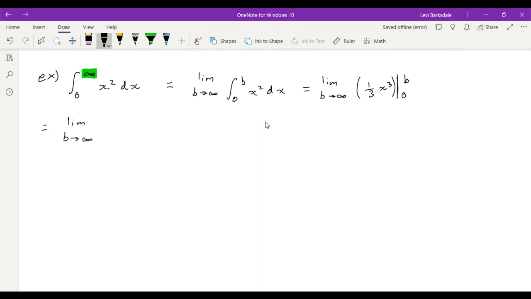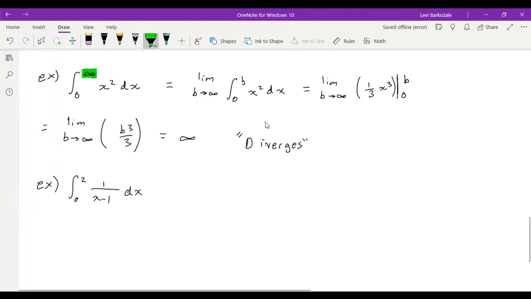Another quick example. Let's say we had the integral from 0 to 2 of 1 over x minus 1. Well, in this case, our problem isn't necessarily either of our limits of integration, since those are both real numbers. In this graph, you'll notice there's actually a vertical asymptote where x is equal to 1. So we actually need to split this integral into two around our vertical asymptote.